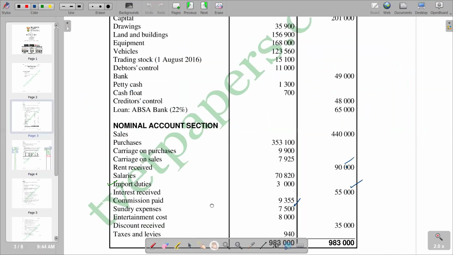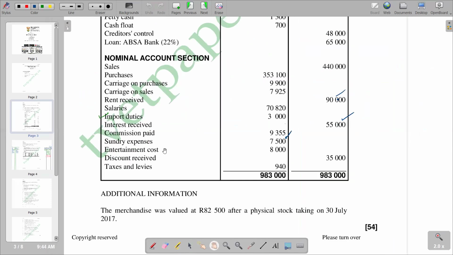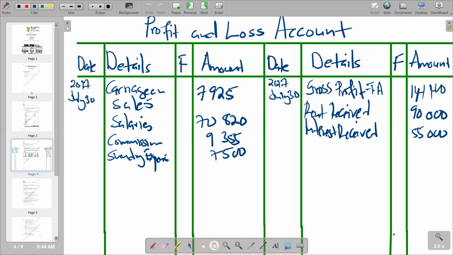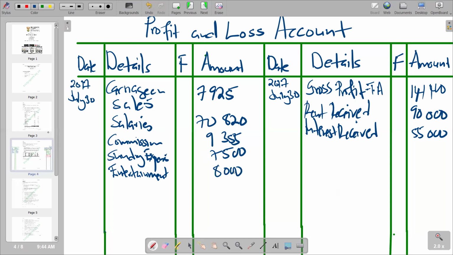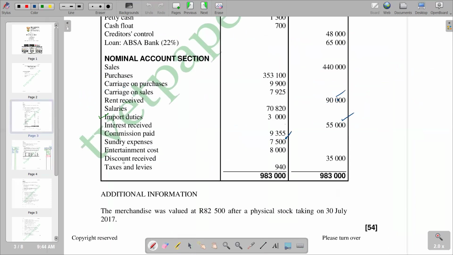Then after salary expenses, let's try to see. We also have entertainment costs, which is 8,000. So an expense again. Entertainment, a figure of 8,000. Then we say discount received, 35,000.